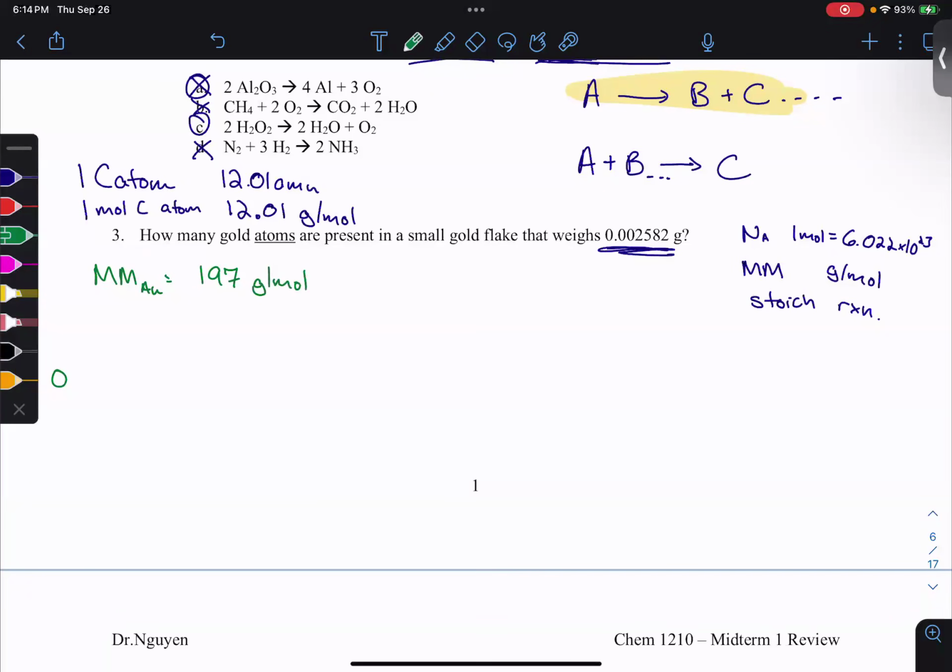If you remember from our last review session, anything with a fraction in it, I always like to rewrite it as an equality so I can clearly see what 2 units I can convert. So notice here, 197 grams per mole. If you rewrite that as an equality, what that means is 197 grams of gold equals 1 mole of gold. That's what these molar masses mean. These are the weights of 1 mole of any of these substances.